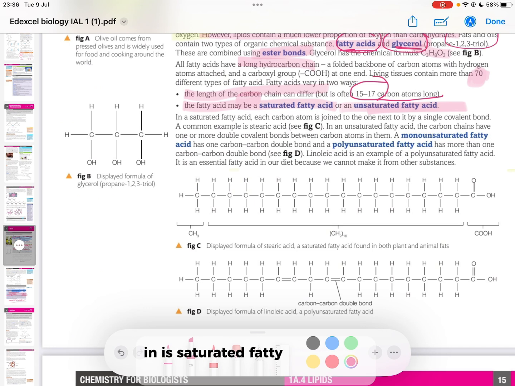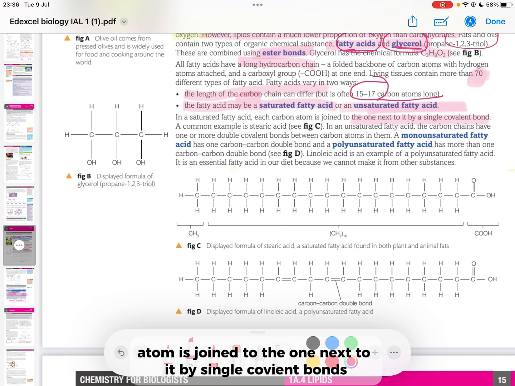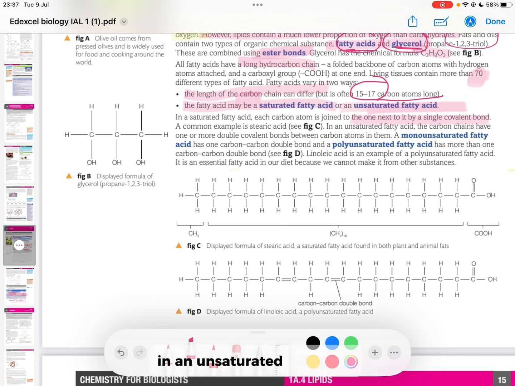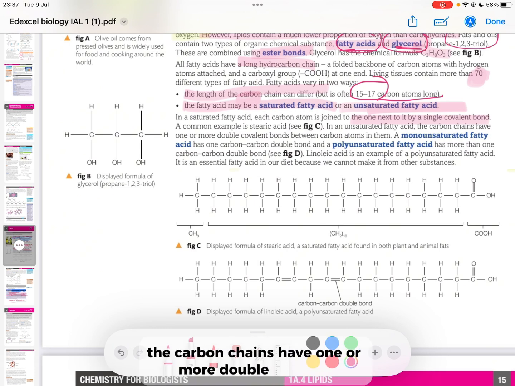In a saturated fatty acid, each carbon atom is joined to the one next to it by a single covalent bond. A common example is stearic acid. In an unsaturated fatty acid, the carbon chains have one or more double covalent bonds between carbon atoms in them.